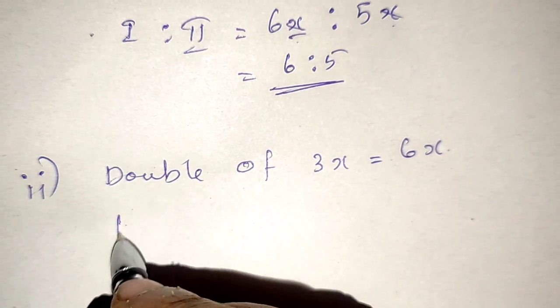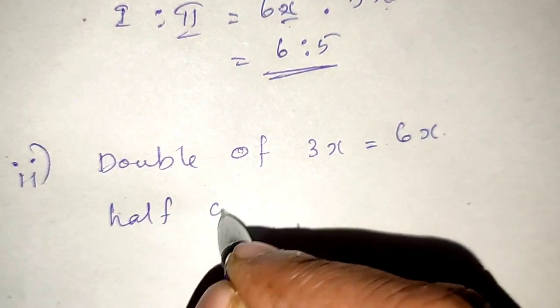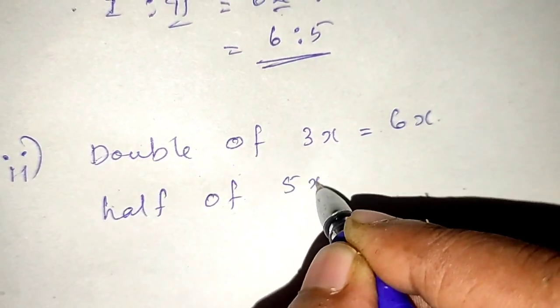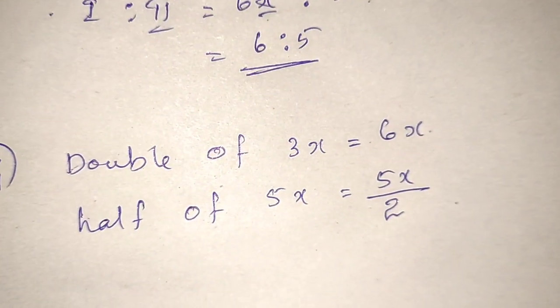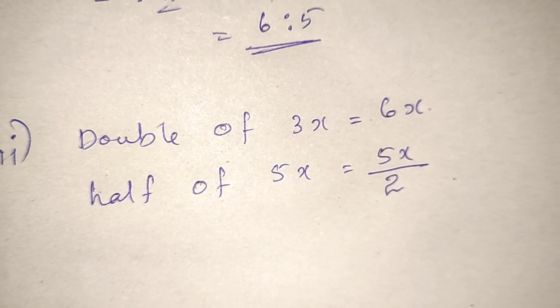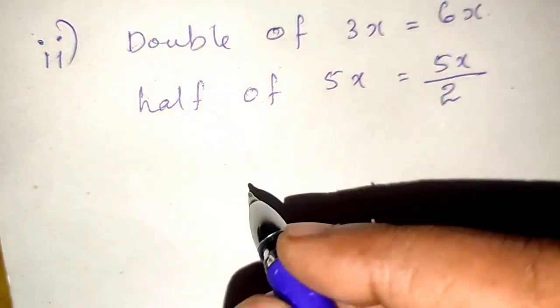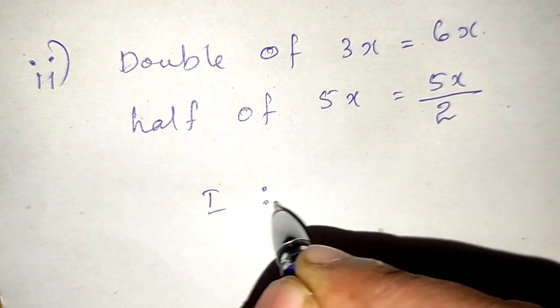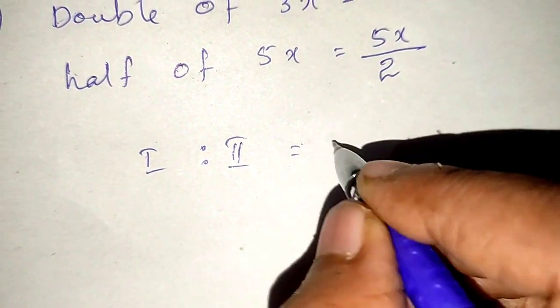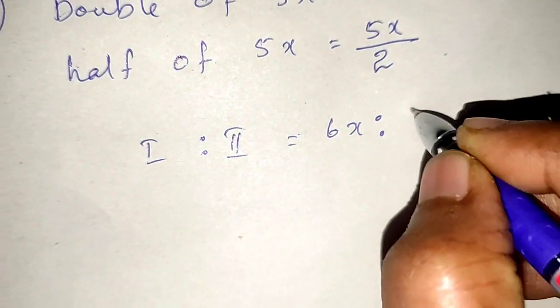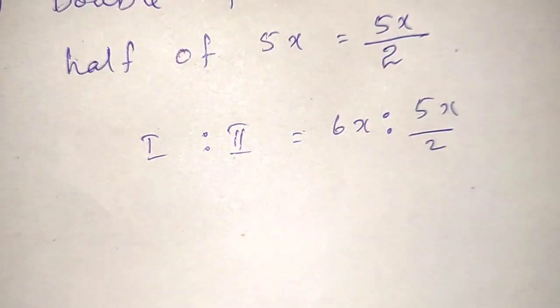And what about half of 5x? Half of 5x is equal to 5x by 2. Now we are going to find out the ratio. See, this one is 6x is to 5x by 2.